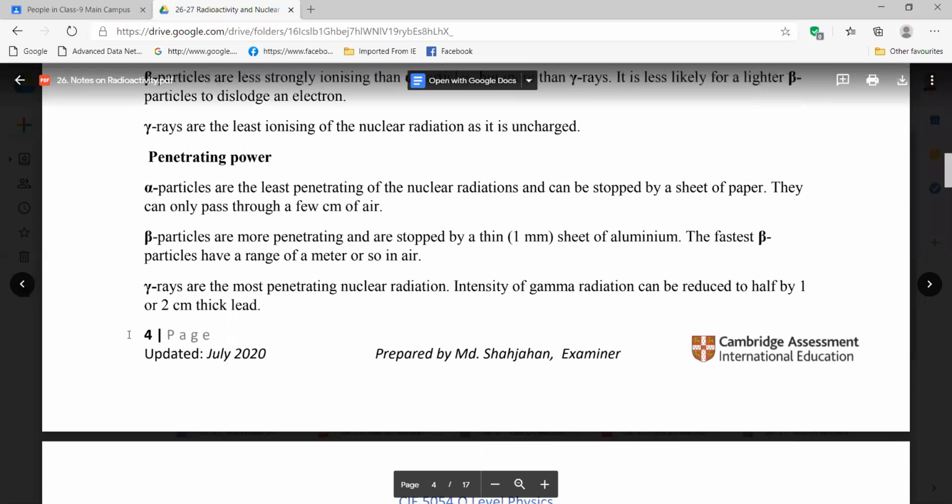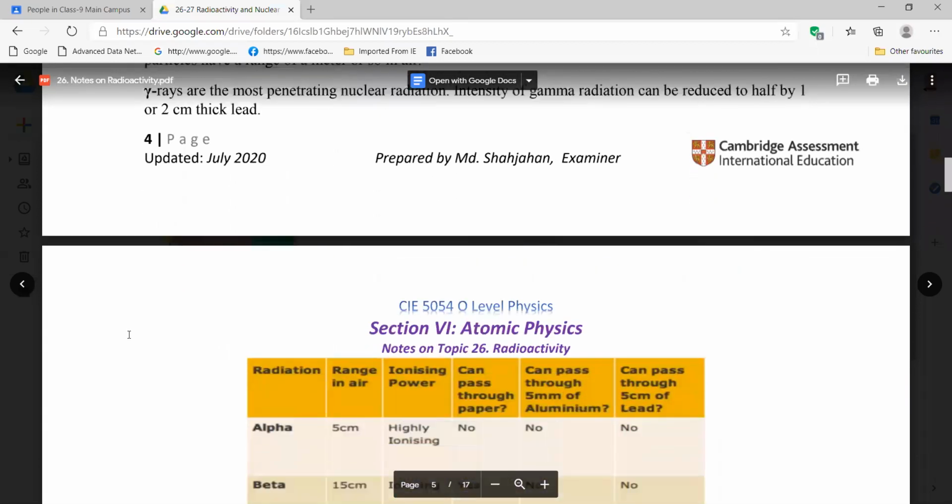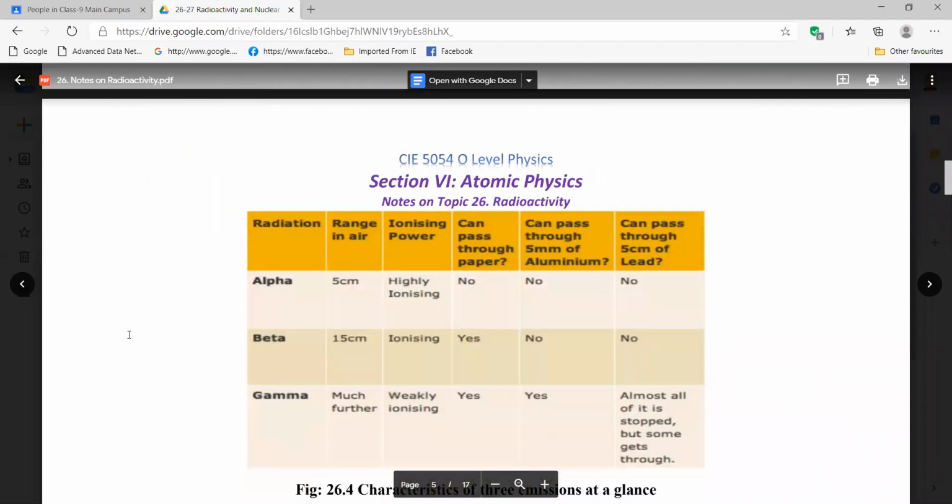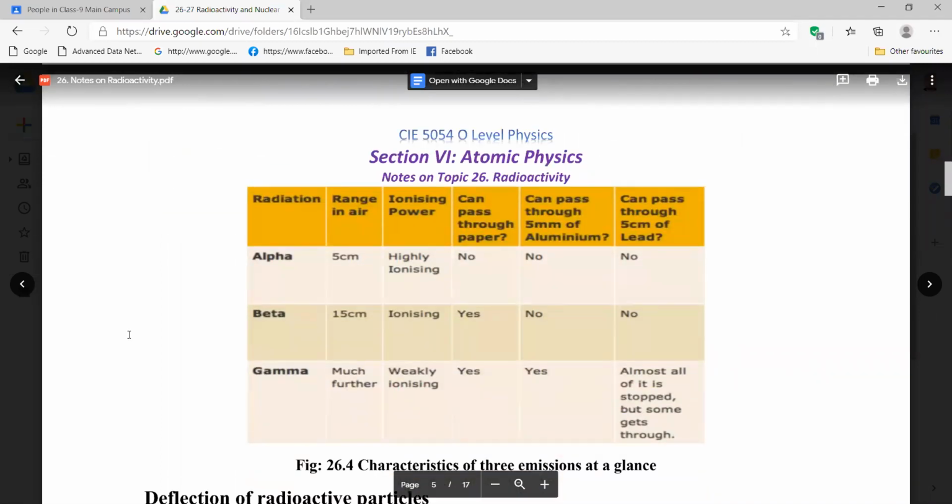After penetrating power, we have the ideas at a glance, the one you asked for. Adnan, you wanted the notes this way, right? At a glance. Yes, sir.